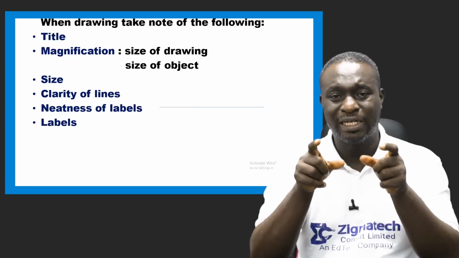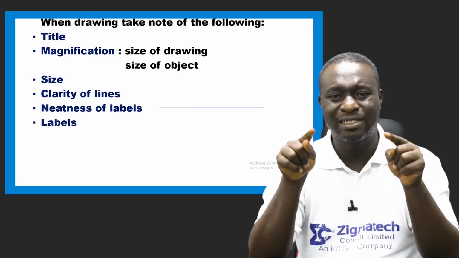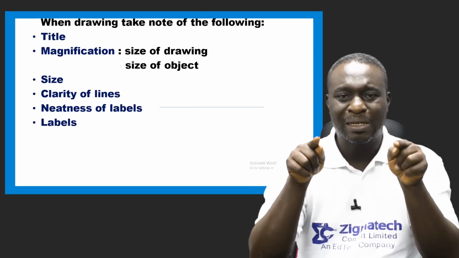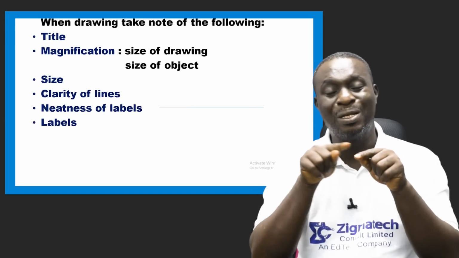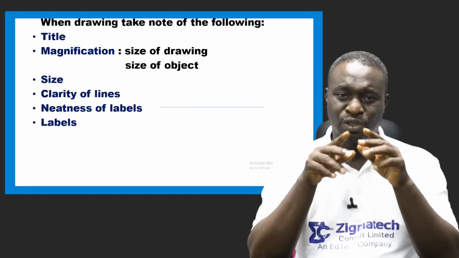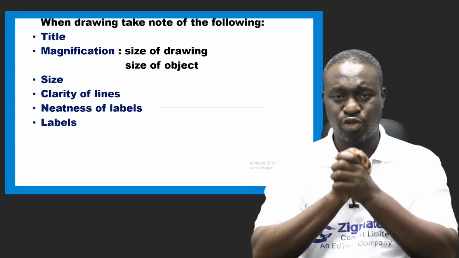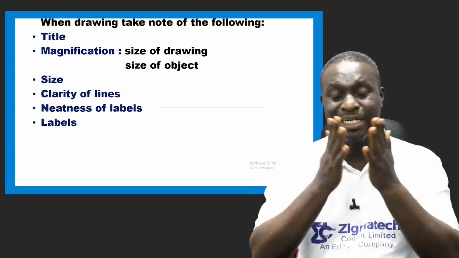And when labeling, let your labeled lines or guidelines touch the particular part of the specimen you want to label, so they can understand that this is what you are trying to identify in your diagram.